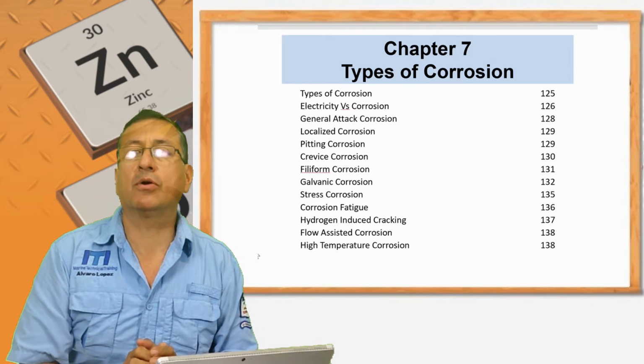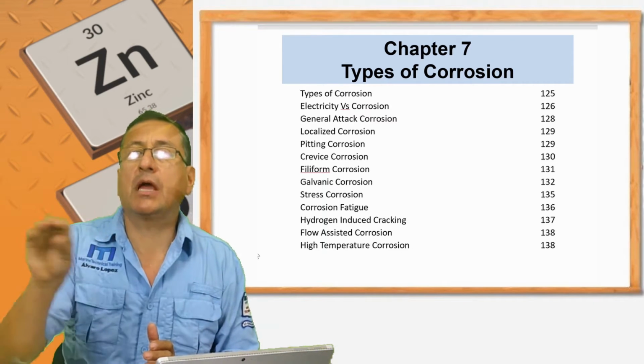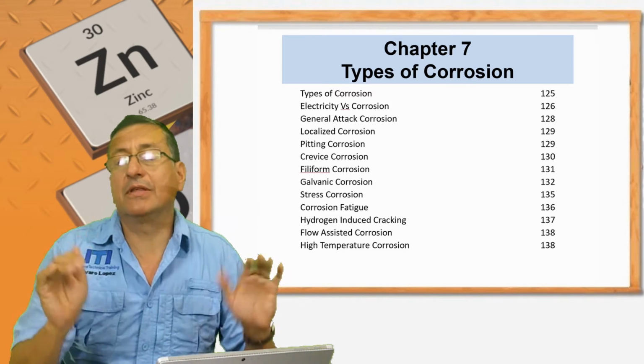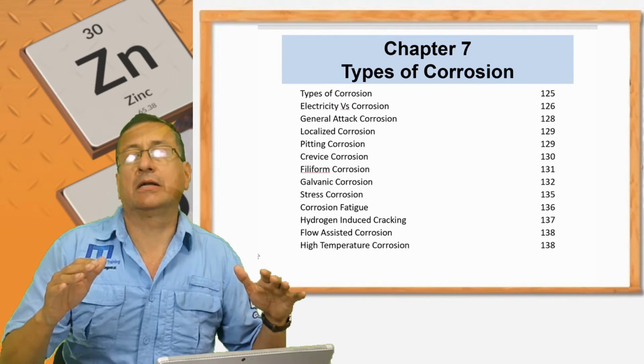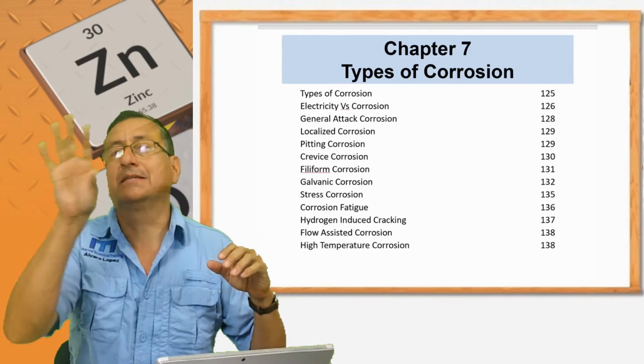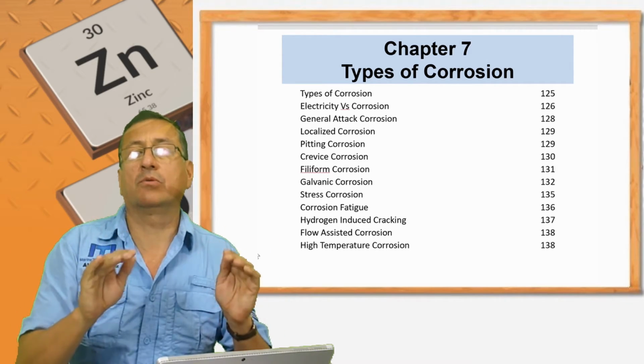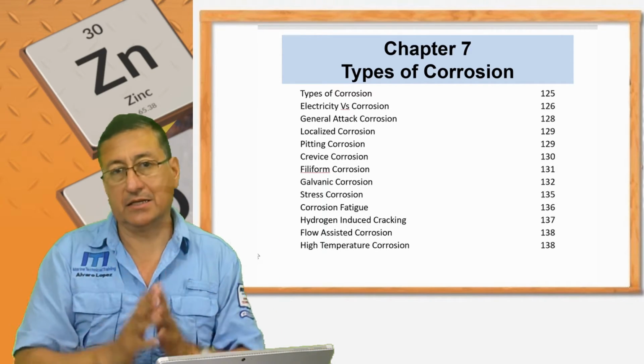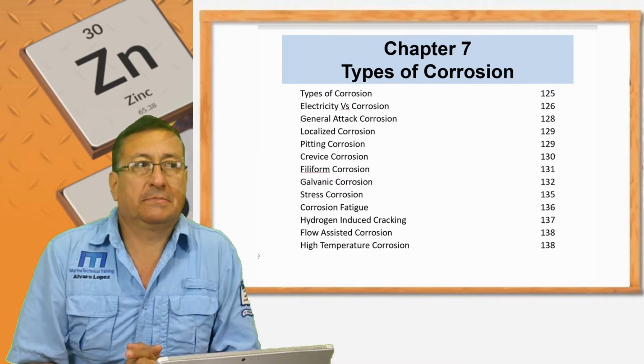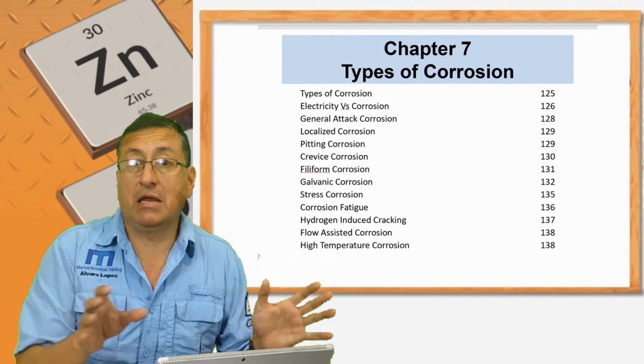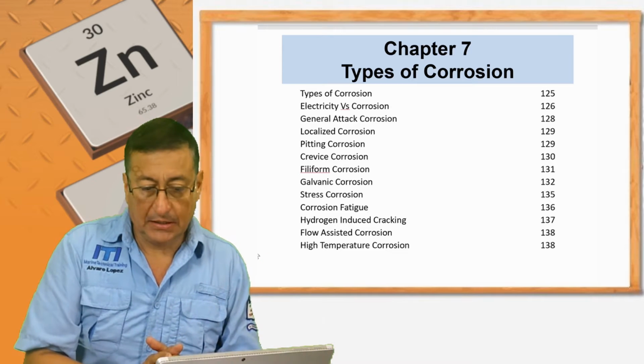In this chapter we are going to put a name to each type of corrosion. But at the end of the day, all of them are caused by the same factors, and the consequences in all of them are exactly the same. This is basically nomenclature for the name of each type of corrosion.